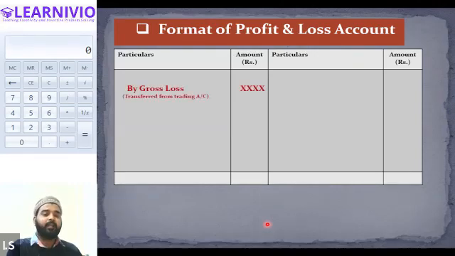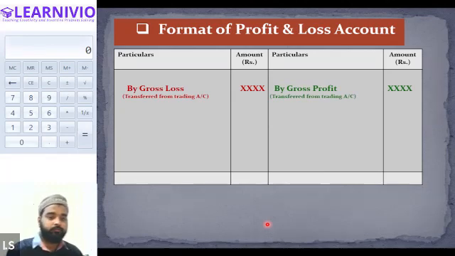But if the trading account was showing a gross profit, then the gross profit will be transferred to the credit side of the profit and loss account. Depending upon the situation, the values will be recorded here. If there is a gross loss, we record the value on the debit side. If there was a gross profit in the trading account, we record it on the credit side.